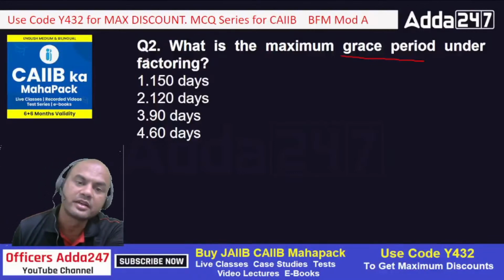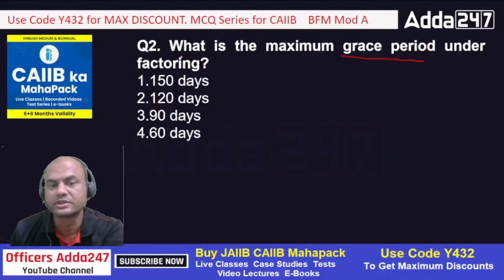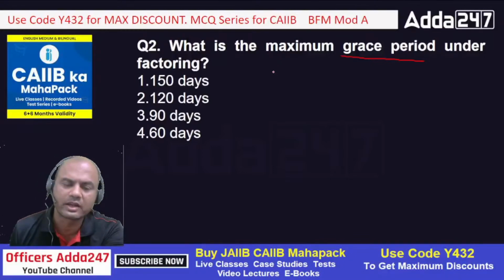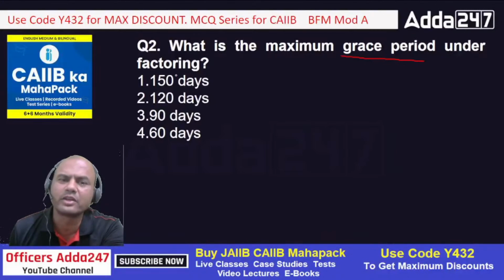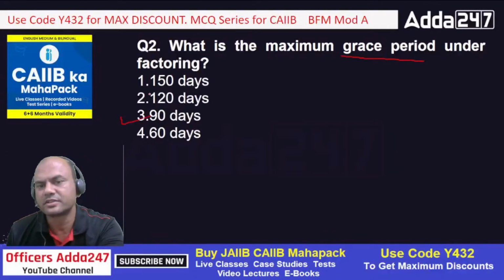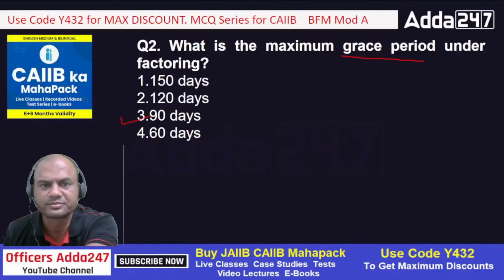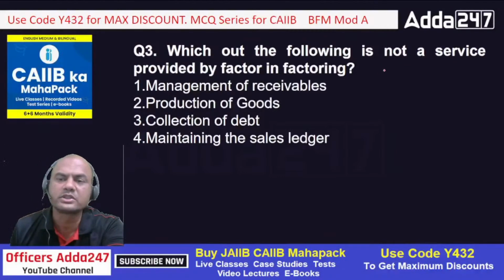Whoever knows, type fast, because it's a difficult topic. I know factoring is not dealt with on a regular basis in banking, right? That's why it's obvious that many of us don't know it. Alright, it is third, 90 days. Okay, 90 days, correct.